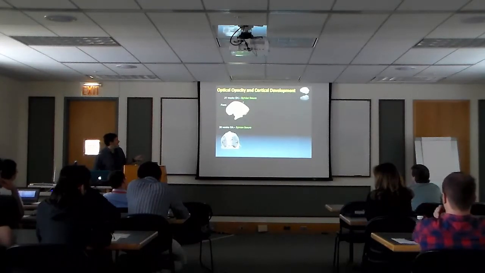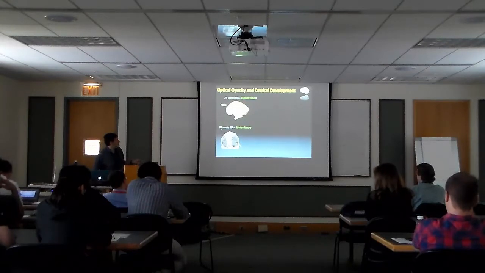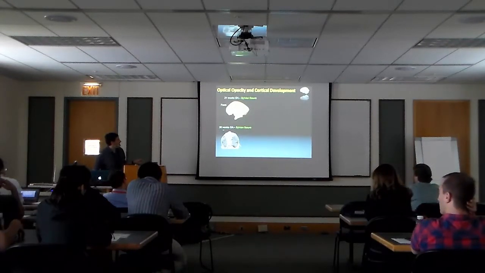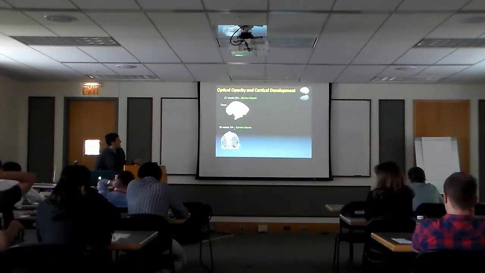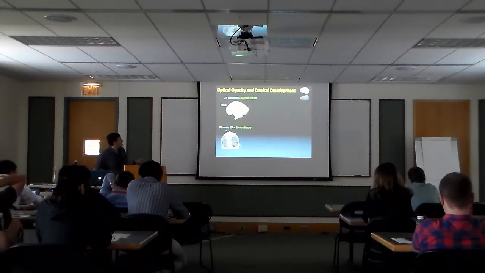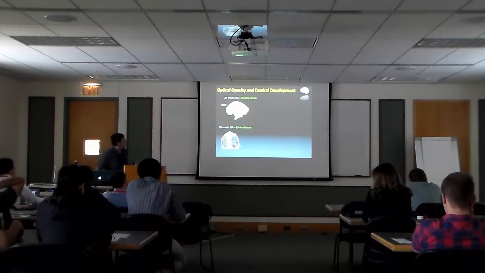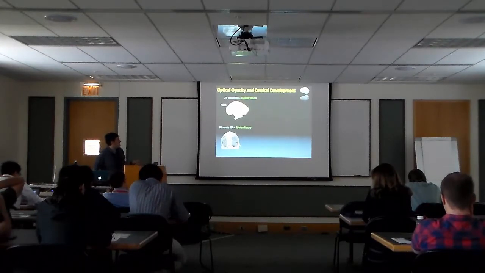When the age progresses, and we get to 30 weeks of gestational age, at which some fetuses are born, you get a premature infant born at 30 weeks. If you do an MR image of this particular infant, it's not very easy to do that.